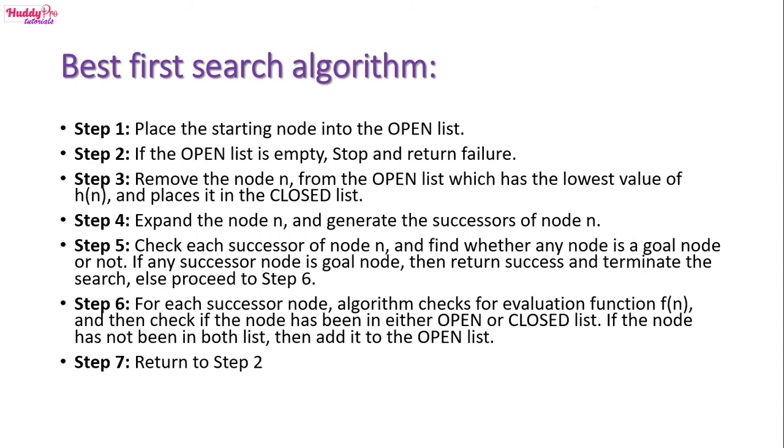Step 1, place the starting node into the open list. Remember we said you have two lists. Step 2, if the open list is empty, stop and return failure. Step 3, remove the node n from the open list which has the lowest value of the heuristic function h(n) and place it in the closed list.